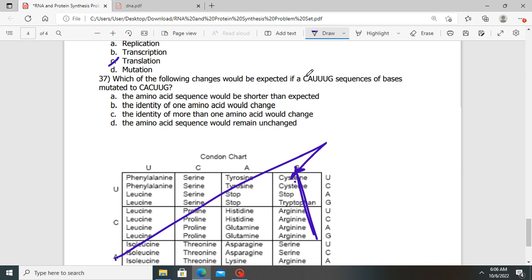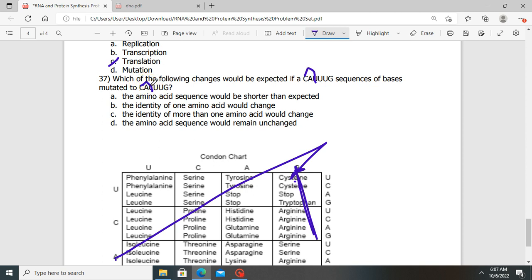If this CAU UUG is mutated to CAC, this one is a point mutation where one base is replaced. So here the third base, which is uracil, is replaced by C. So the only change here is the change in the first codon. So this one has been mutated to this.